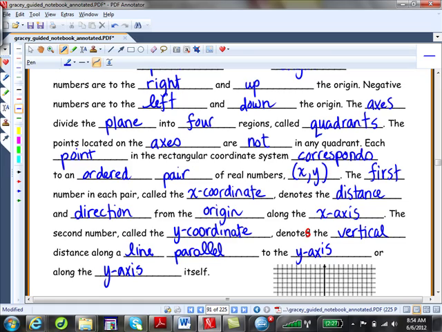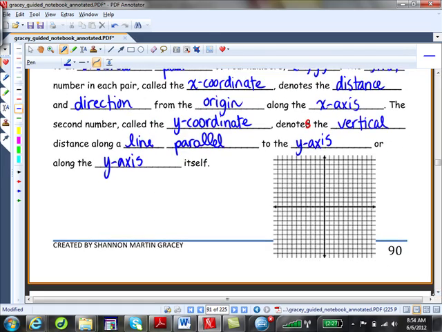All right, so let's just check out a picture of all this going on here. It's very important to always label your axes, right? So this one is the x-axis. That's right here, that horizontal line going right there. Over here, we have the y-axis. So let's go ahead and highlight these things.